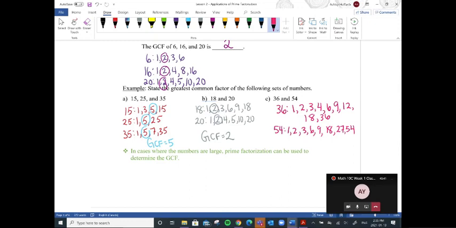So 54 might take you a little bit more time, which is fine, but you can do the listing of pairs like we did yesterday. Okay, so for this one, the largest number in both would be 18. So the greatest common factor would be 18.